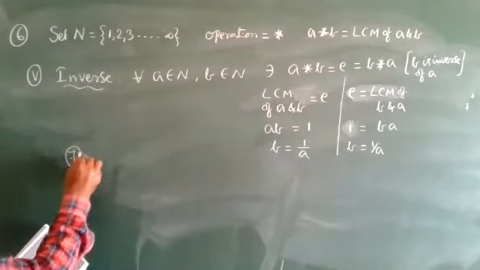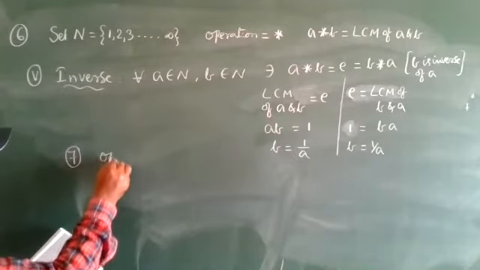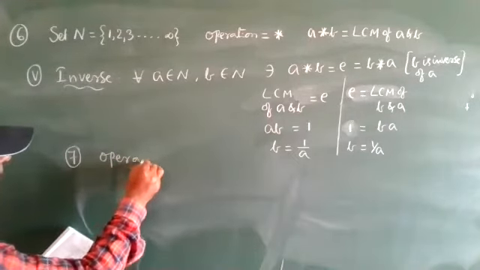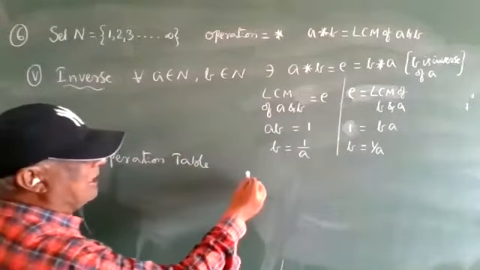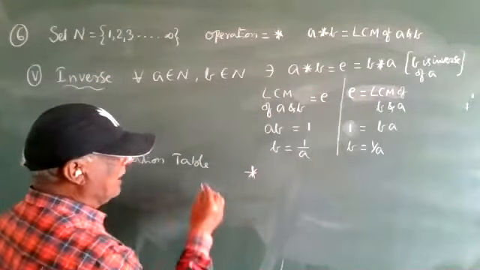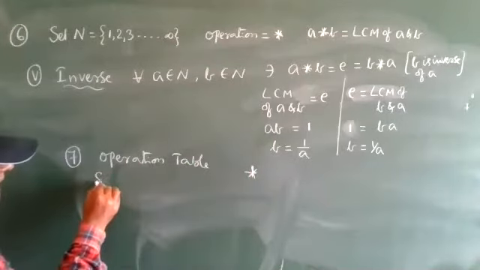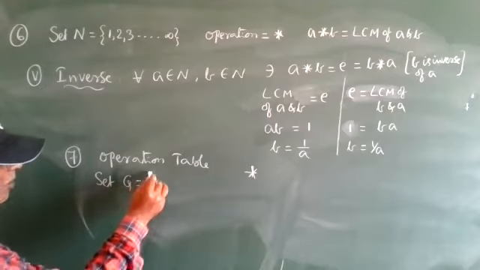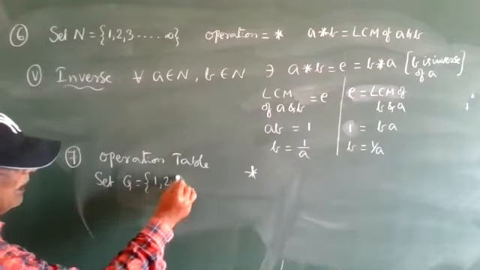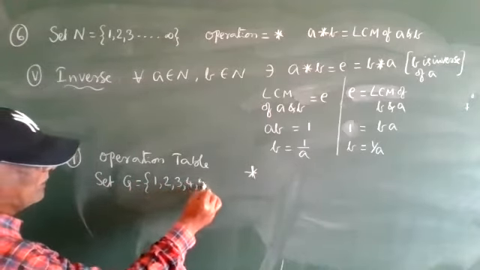Now see, for the seventh problem, write down the operation table immediately. Everyone write down the operation table. The set is given, so I put the name G: 1, 2, 3, 4, 5.